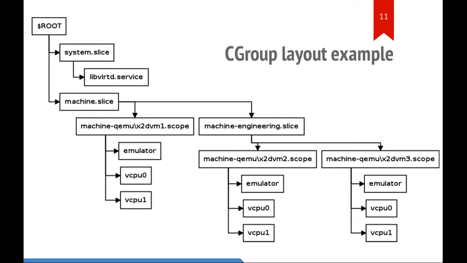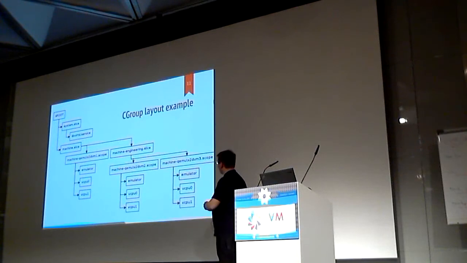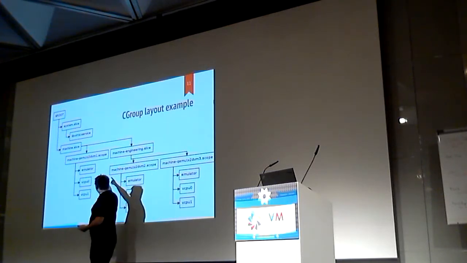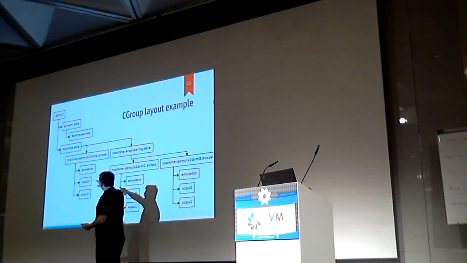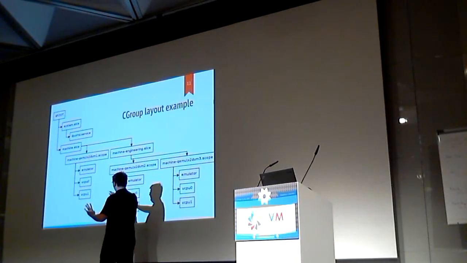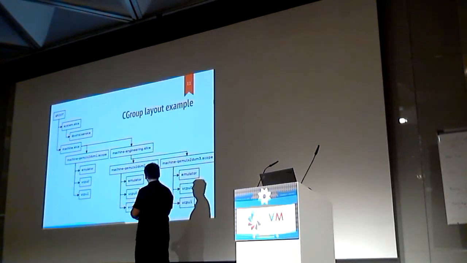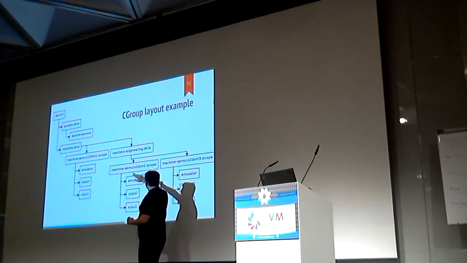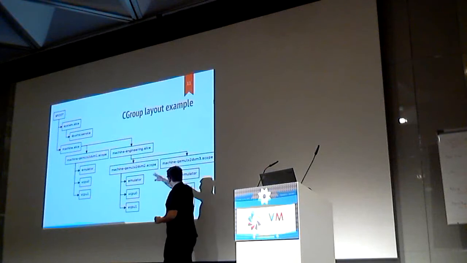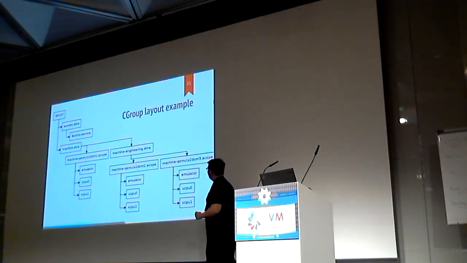So this is the basic layout that we create. This is an example, basically. You can see a virtual machine running here. We need to do the name escaping for some systemd madness that I'm not going into. And you can see a slice called engineering here, running basically two virtual machines.